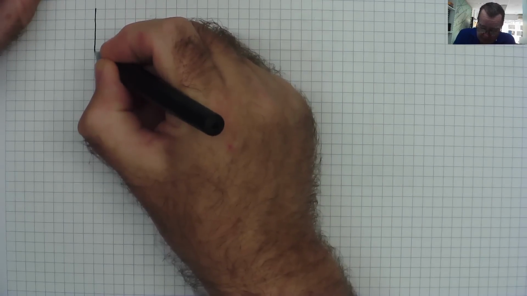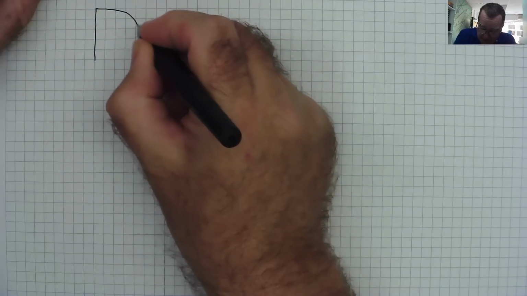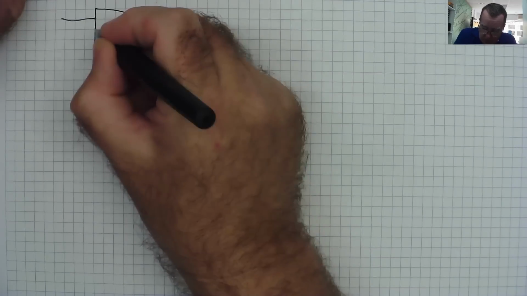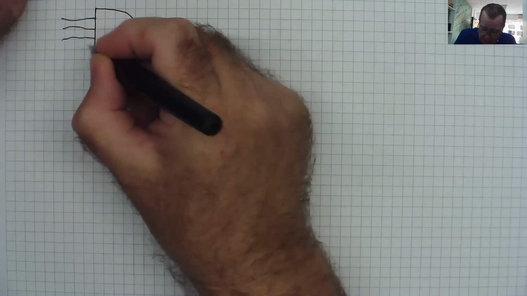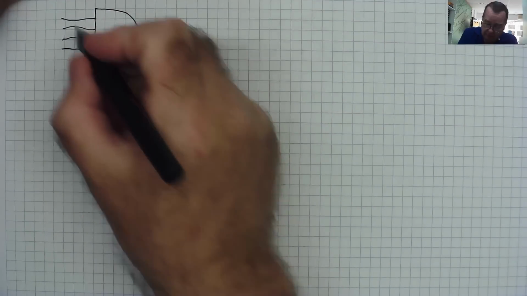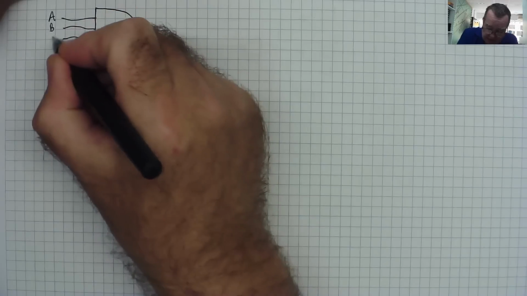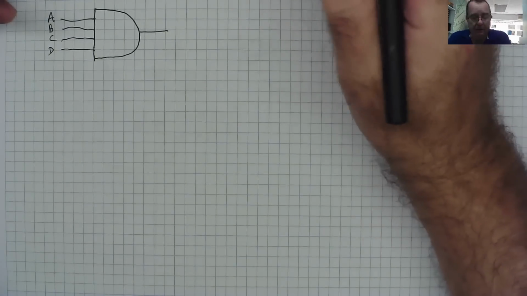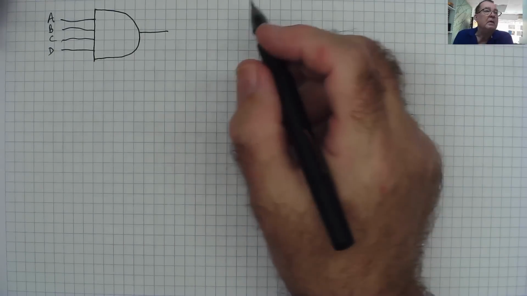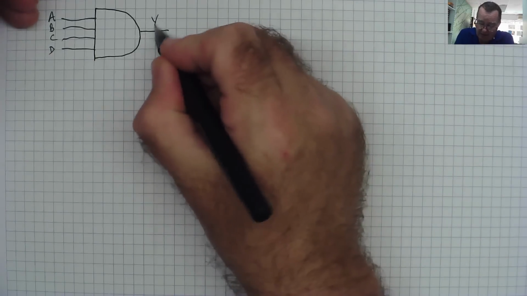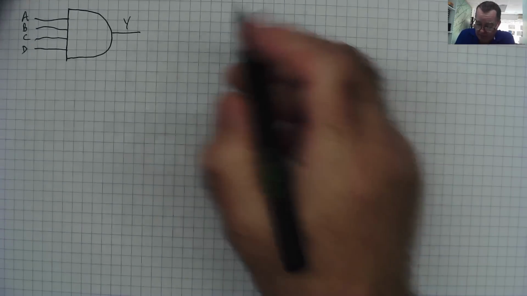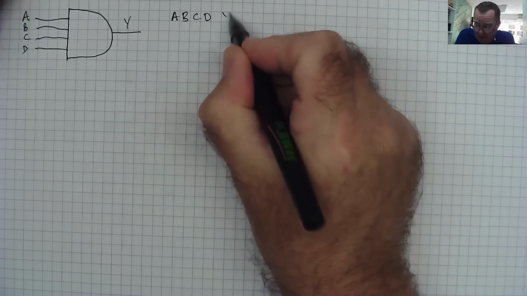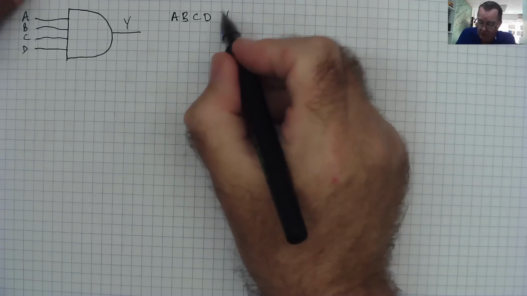So for example, you can have an AND gate which has 4 inputs, A, B, C, D, and any other number of inputs that you want, to be quite honest. Okay, and it still has a truth table in the same way, but now we have 4 inputs, A, B, C, D, and 1 output, Y. There's always 1 output.